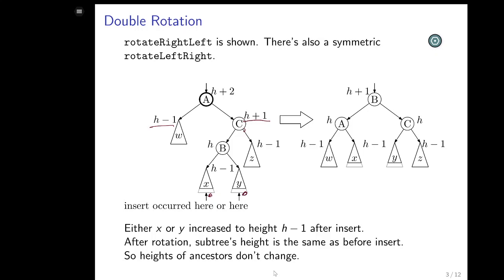One of them is now height h minus 1, but previously they were of height h minus 2. And we know that because if they were of height h minus 1, which they are now, then this would have been out of balance. It would have been an out of balance AVL tree beforehand. So we know that one of these two trees, either X or Y, had to have increased, and it had to become the new tallest child of the node B.